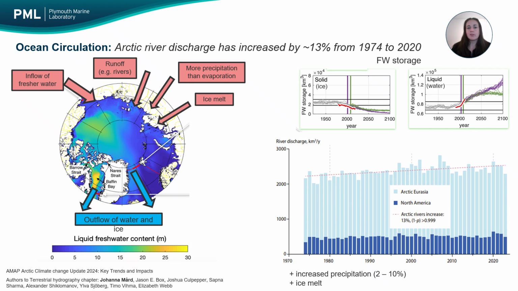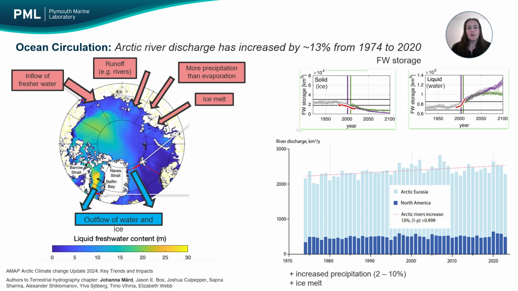And what we're seeing over time is that the red line in these top graphs is the observations, while the other lines represent model output. The fresh water is being lost from storage as solid ice and going into liquid form, as we expect as it melts. That's highlighted here by this chart of increasing river discharge through time.